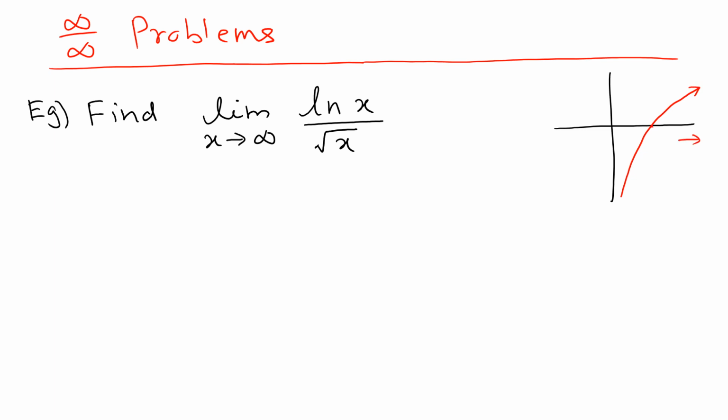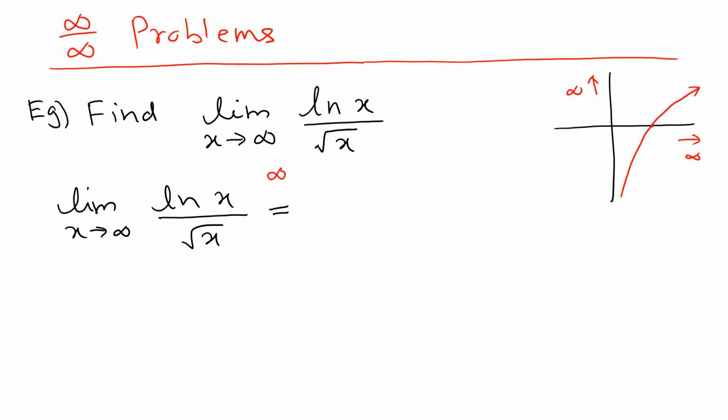So the y value goes to infinity. This is clearly an infinity over infinity problem, so we can use the Bernoulli rule or L'Hopital's rule as before. Let's write it. This is infinity when x goes to infinity, and the bottom is also going to infinity. So it's an infinity over infinity problem.